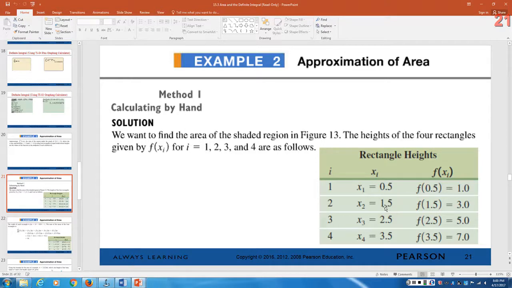The second one's going to be at 1.5. The third one's going to be at 2.5. And the fourth one's going to be at 3.5. So what you would do is you would plug into your calculator f of x equals 2x, and then find f of 0.5 and f of 1.5 and f of 2.5 and f of 3.5, because these are the heights of all of those rectangles. So that's what you're filling in there.